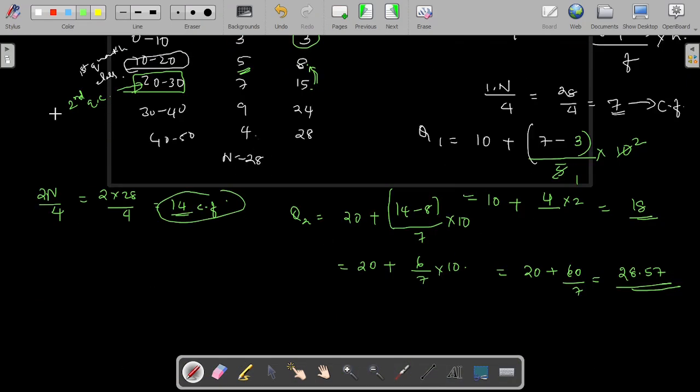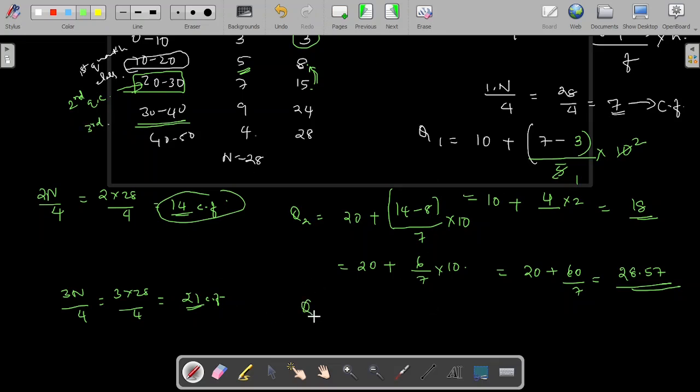So Q3, in the same way, we need to find out 3n by 4, which is 3 into 28 by 4, which is equal to 21. So cumulative frequency 21, that comes within this. So the class corresponding to this cumulative frequency is the third quartile class.